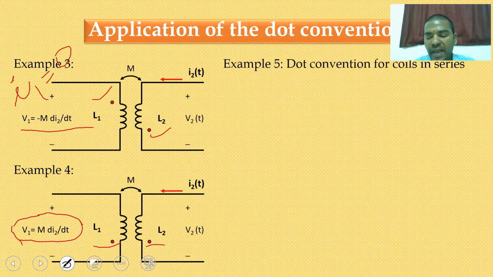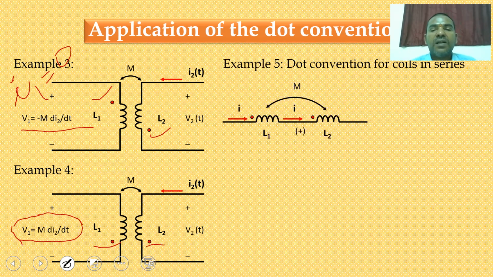Now coming to the example of two coils connected in series. Let us assume L1 and L2 are the self-inductances of the coils, and M is the mutual inductance. For a series connection, the current must be the same. Here the first coil, for the current of 5 amperes, has a starting dot.